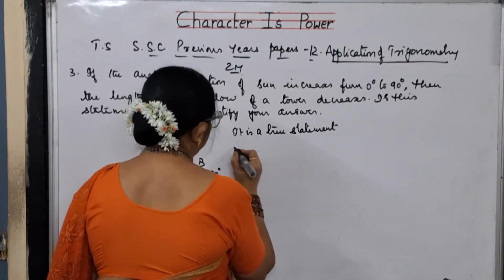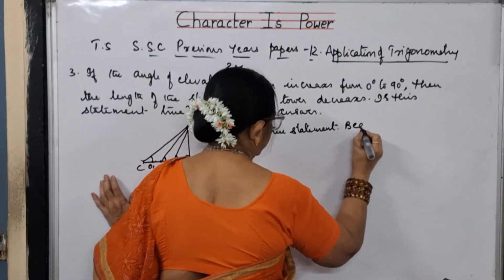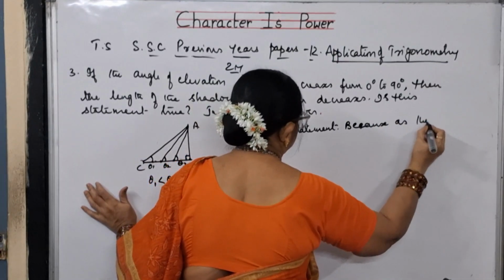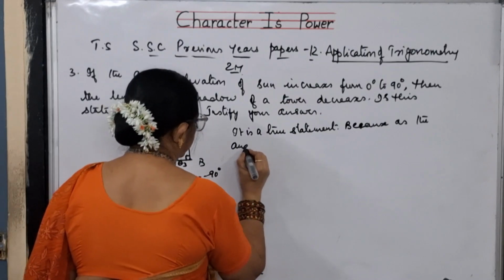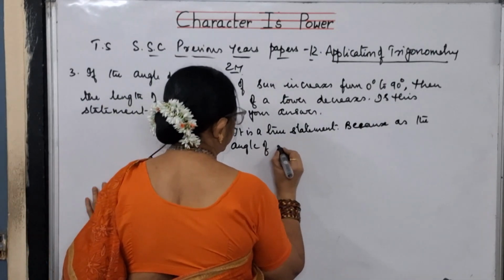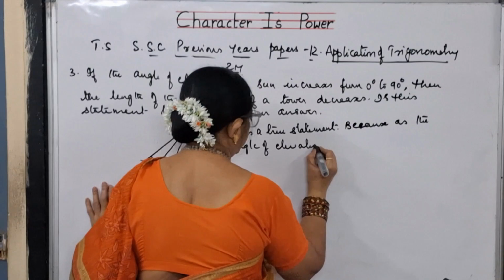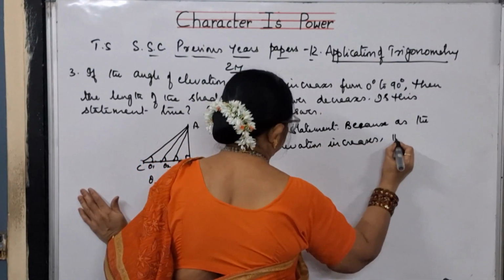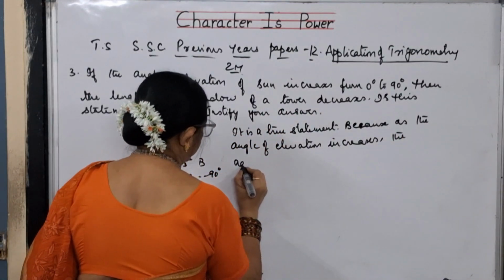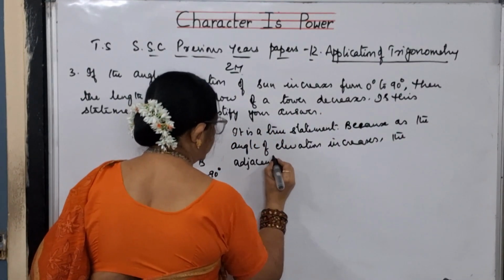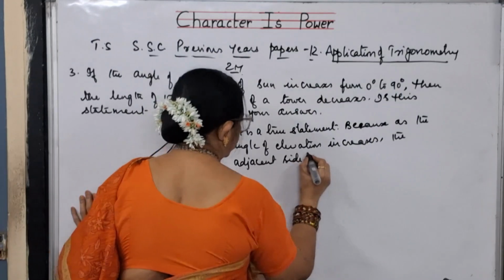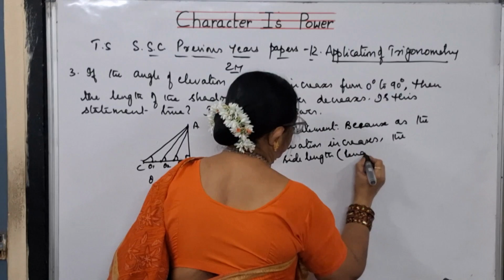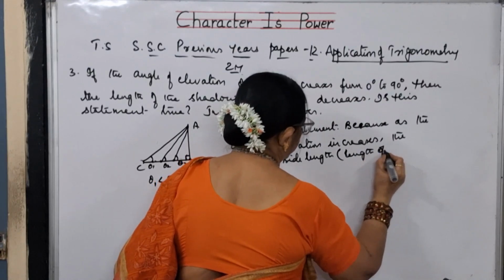Because as the angle of elevation increases, the adjacent side length, which you call the length of the shadow, decreases.